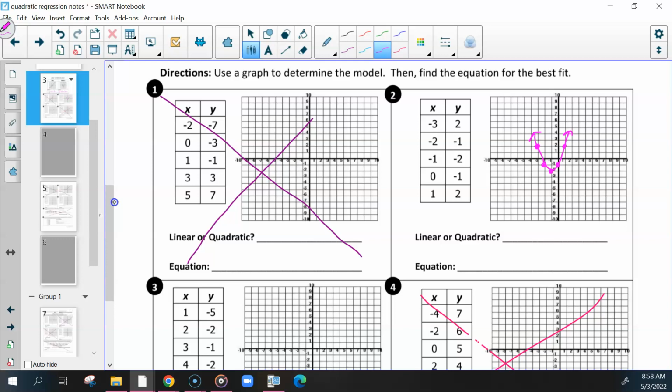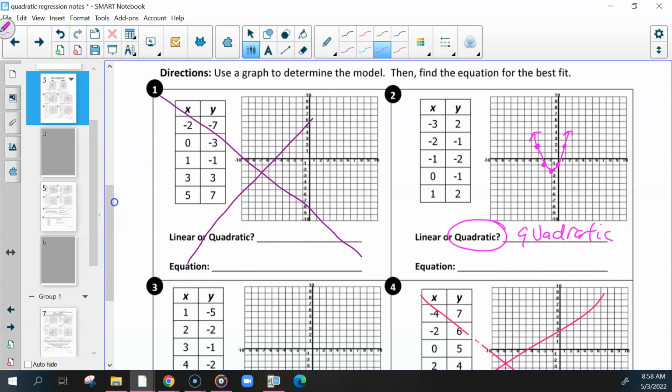Is this linear or quadratic? Does this make a line or a U? Quadratic, because it makes a U. I also said that we weren't doing any of the linear ones, so this answer will always be quadratic. But if we were doing both at the same time, then you would be able to figure that out.